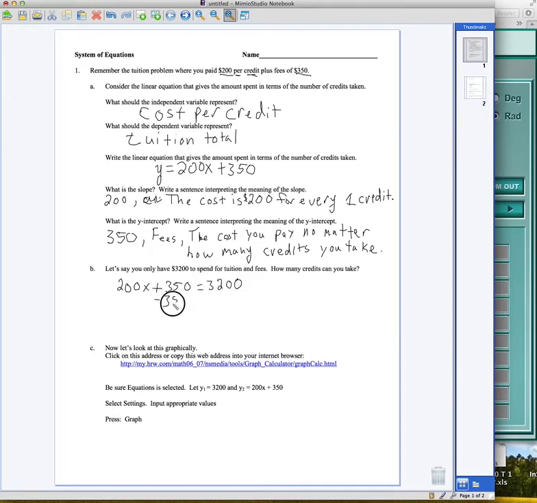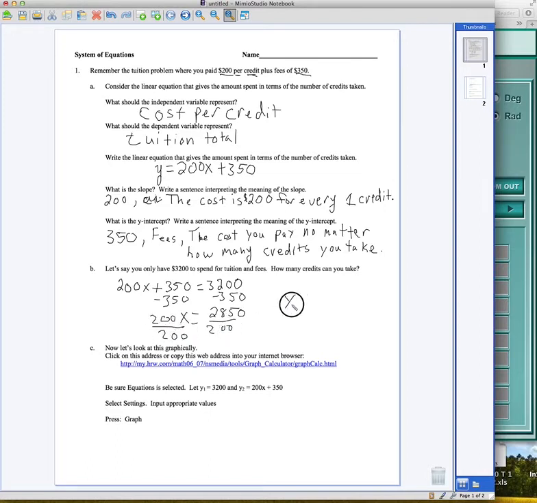Subtract 350, subtract 350, and you get 200x equals 2850. Divide both sides by 200.